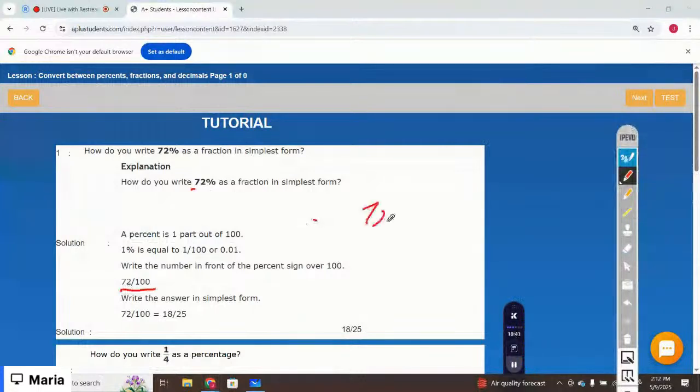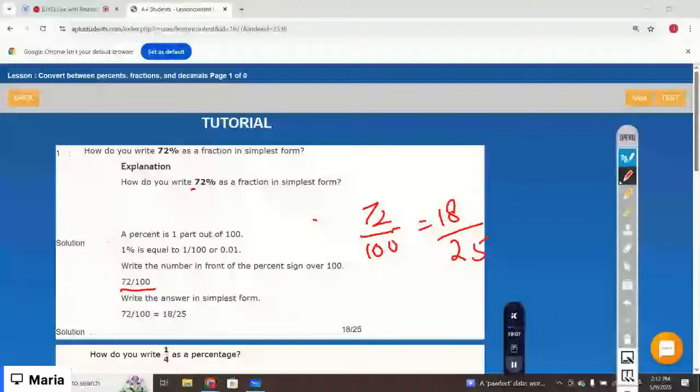So just write it down, 72 out of 100, and divide them by the common number. That can be divided by 4. 18 times 4 is 72 and 25 times 4 is 100. The correct option is 18 over 25.